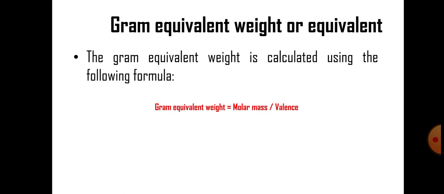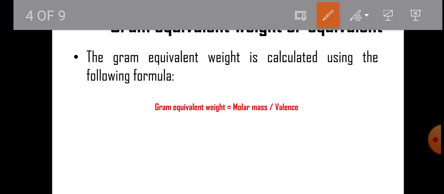To calculate or understand normality, first we have to understand what gram equivalent weight is. It can be calculated using the formula: gram equivalent weight is equal to molar mass divided by valence.